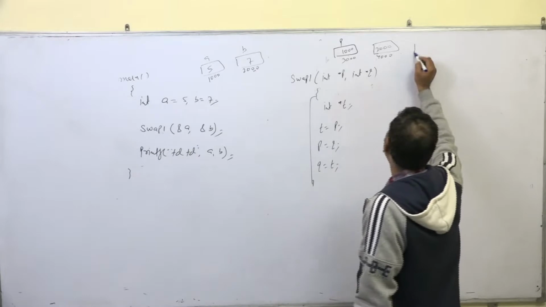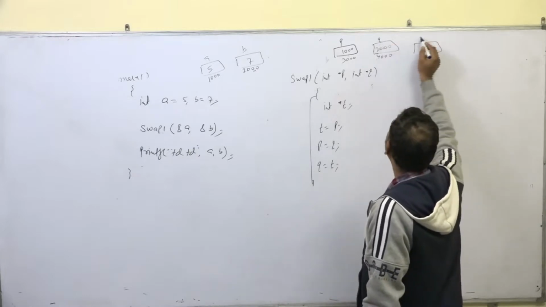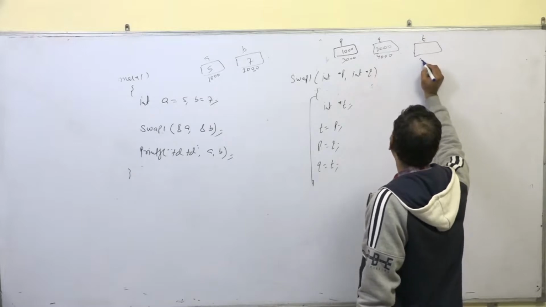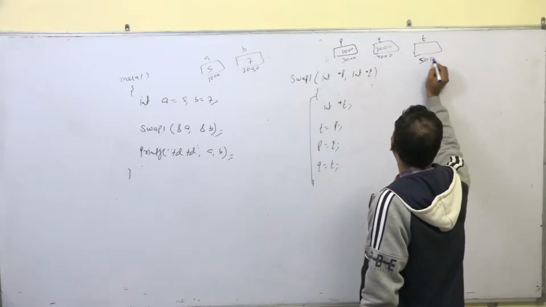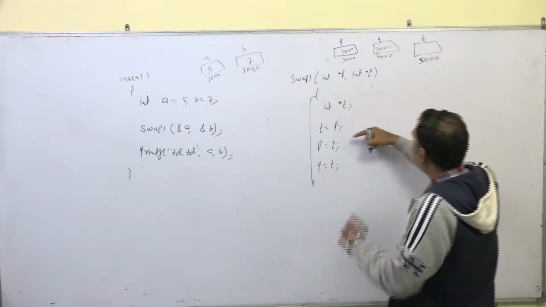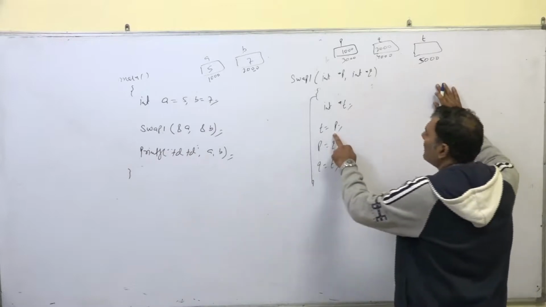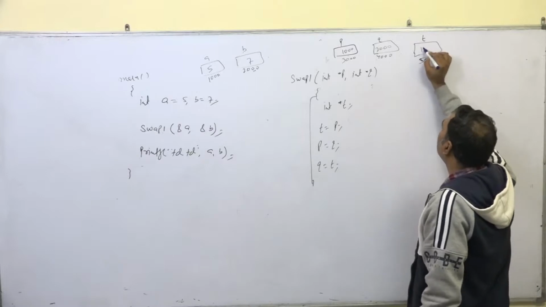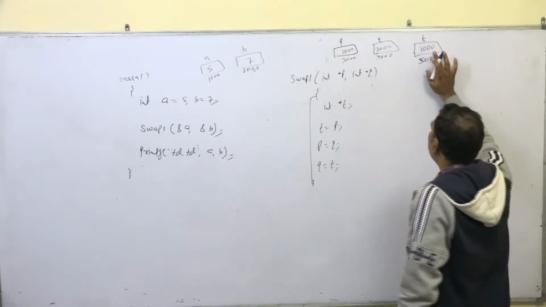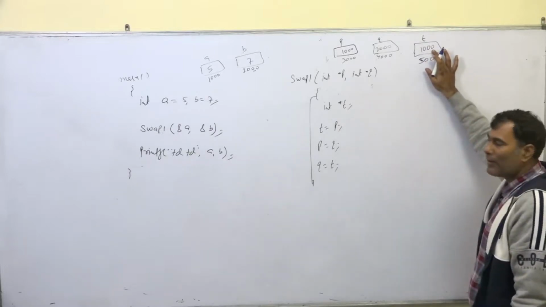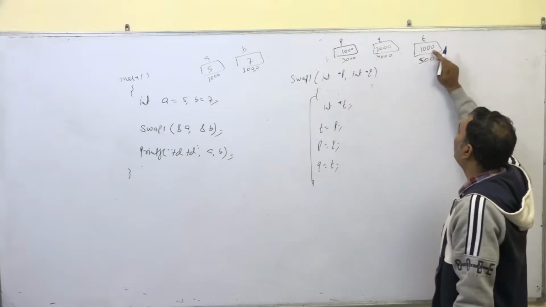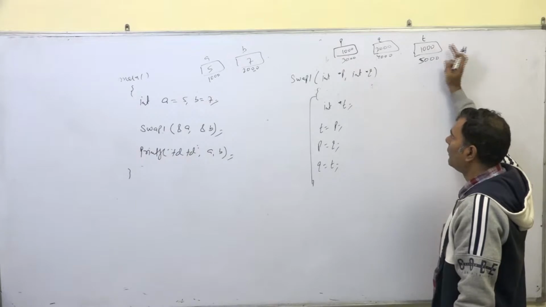Now T is a local variable, let its address be 5000. Now T equal to P means 1000. So T has the power to take an address. Why? T is a pointer, a single pointer. So T can hold 1000, okay?